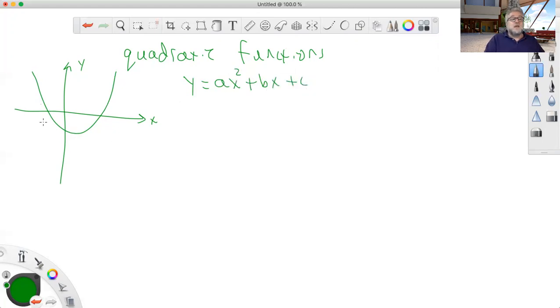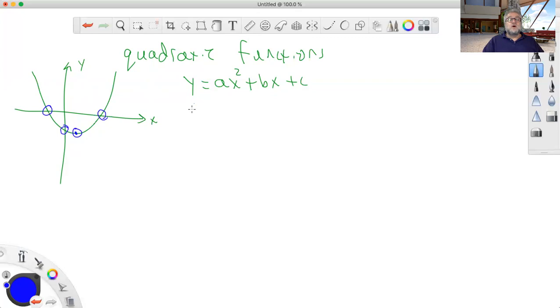And usually the game is, how do we find these points? This x-intercept, this x-intercept, that y-intercept, and the vertex, the bottom point. That's the challenge to these.